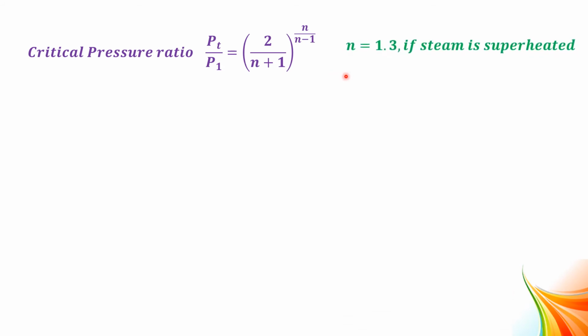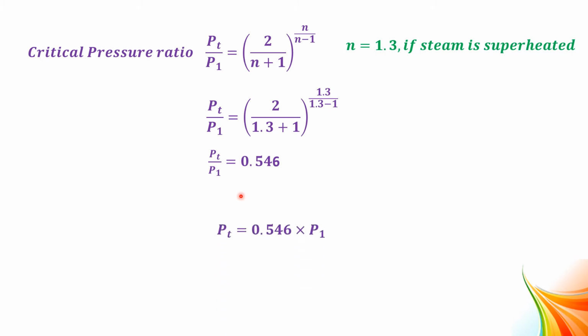We know if the steam is superheated, then the value of n equals 1.3. Substituting n equal to 1.3 in this equation, we get the critical pressure ratio Pt by P1 equal to 0.546. For convenience, we cross multiply P1, so Pt equals 0.546 P1.